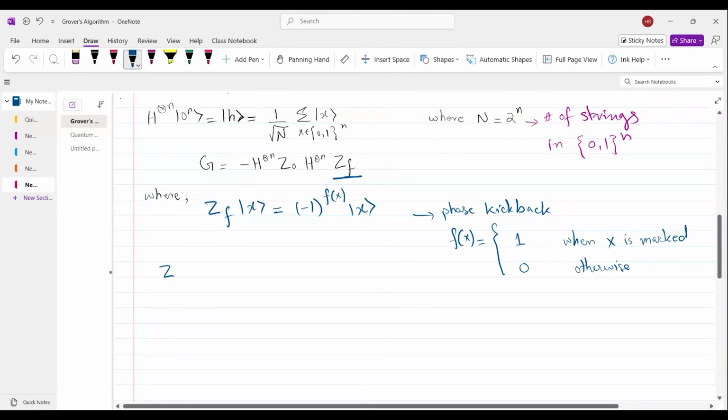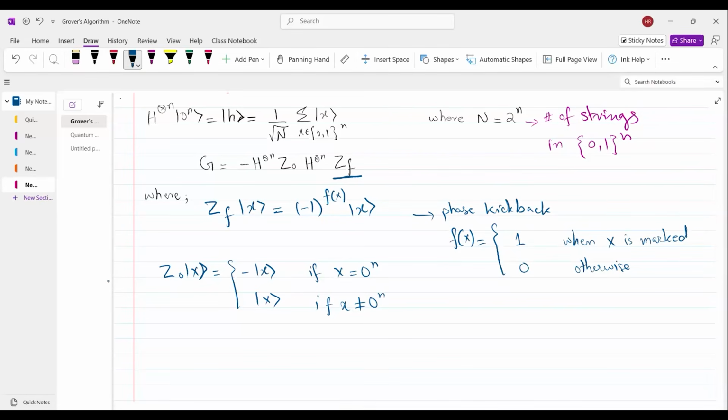Now Z naught of x is defined as minus x if x is equal to the 0 string, and it remains the same if x is not equal to the 0 string. Essentially, we can see the matrix representation of this operator. Z naught will be defined like diag(-1, 1, 1, and so on, 1).